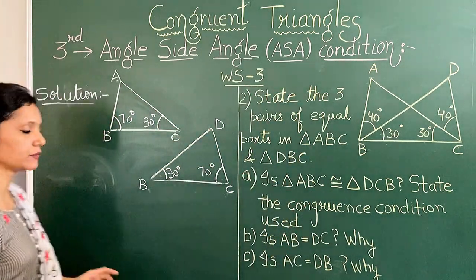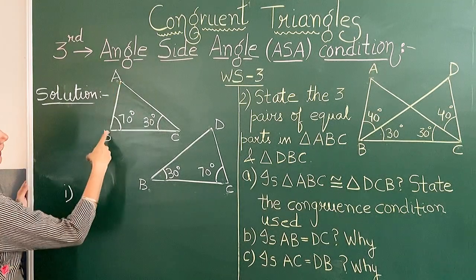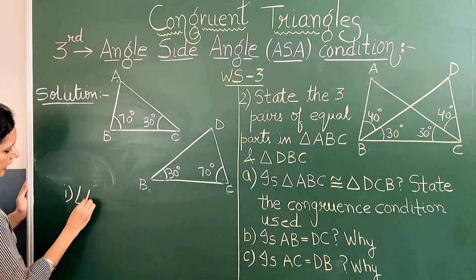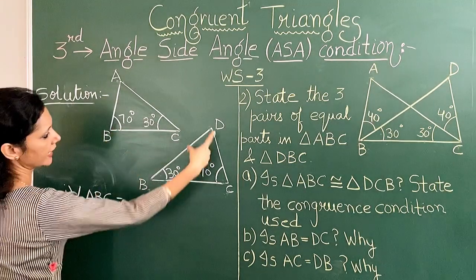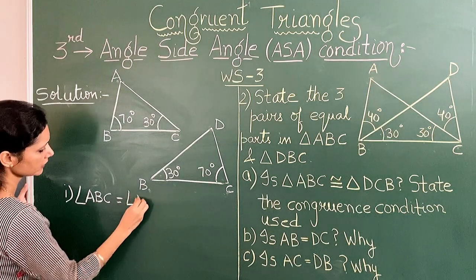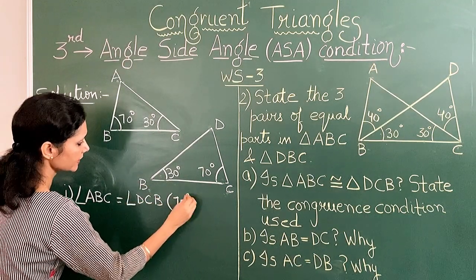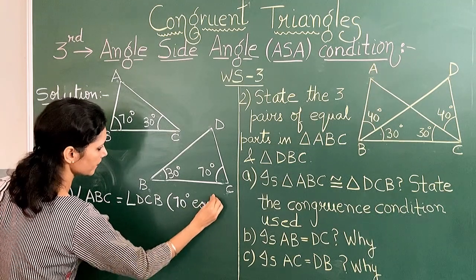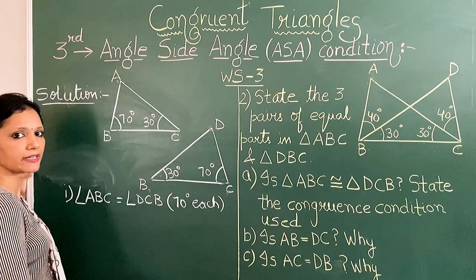So let's write it down. The first condition is angle ABC of one triangle is equal to angle DCB of the other triangle. The reason is both are 70 degree each. Or you can say it is given in the question. You can also give the reason as given.